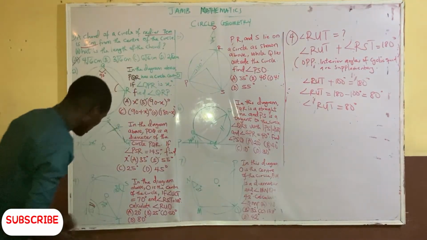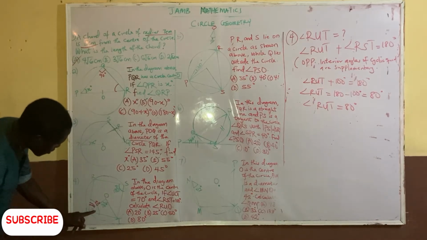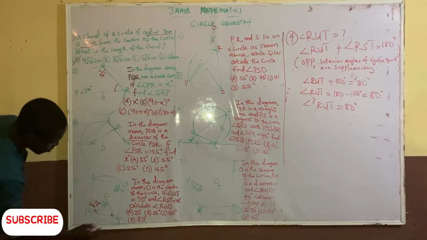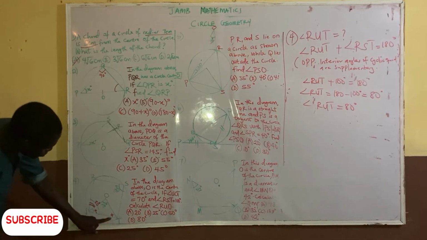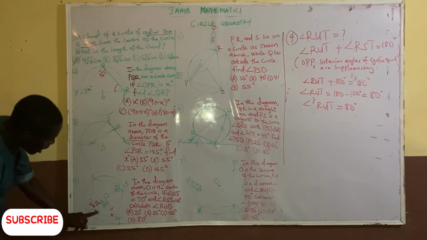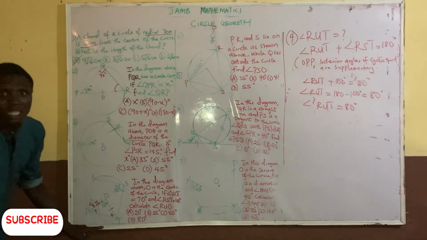So the whole angle here is 80 degrees. Now we need to calculate this angle. You can represent this angle here as x. Why is this also x? Because this is a radius. Whenever you have radii in a circle, they form a triangle, and a triangle in a circle with two radii is an isosceles triangle.